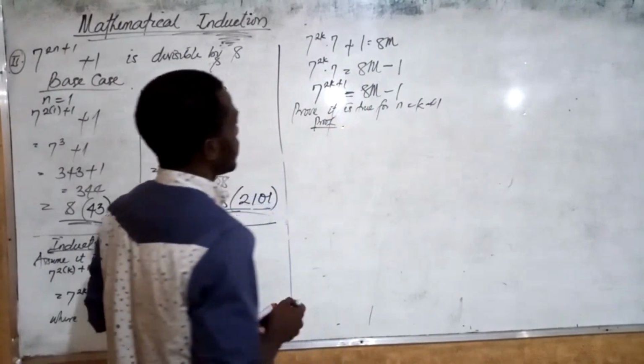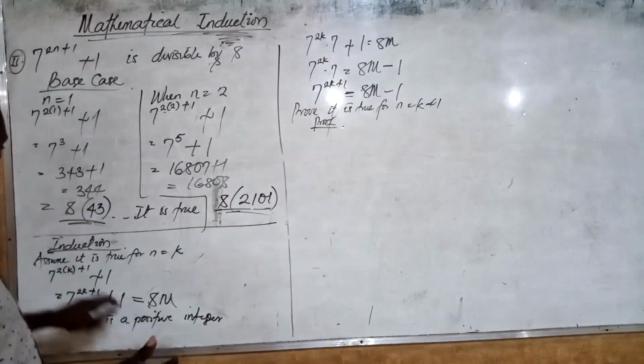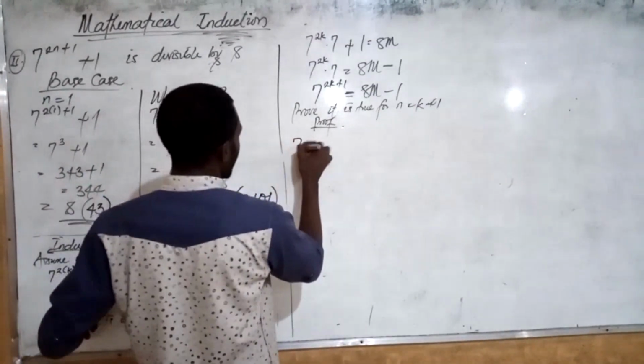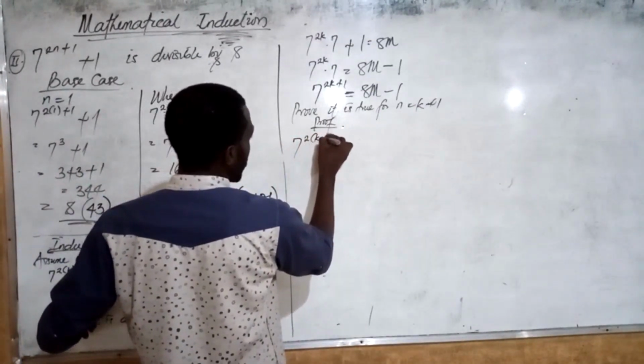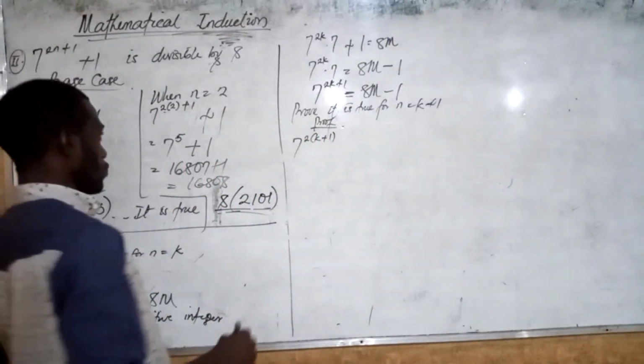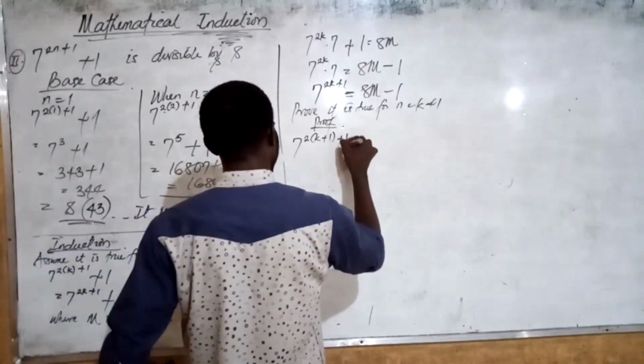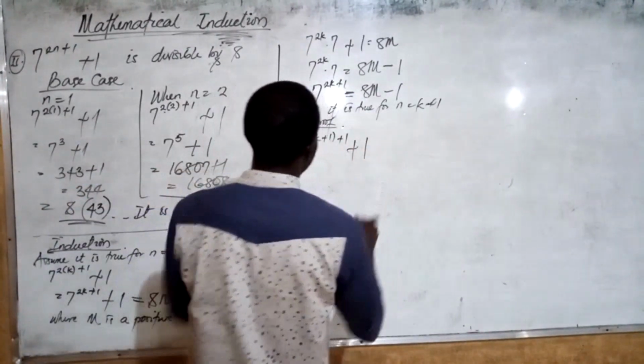Since we are saying it is true for n equals k plus 1, we are going to repeat the statement: 7 raised to the power 2 into bracket k plus 1, then plus 1.